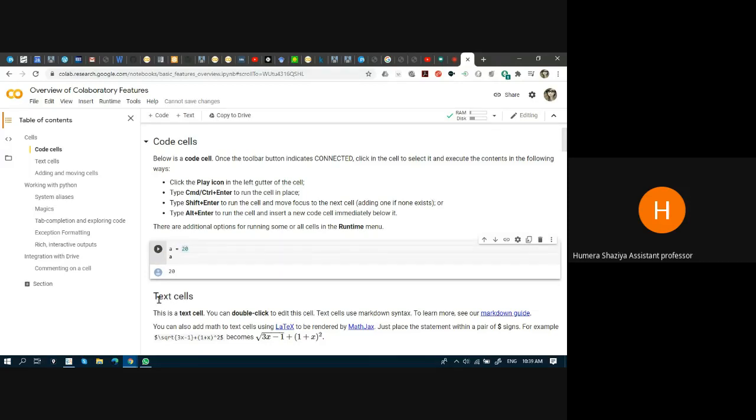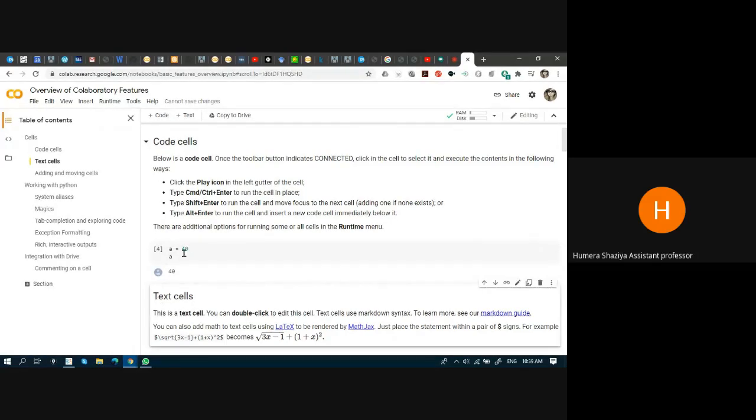I have pressed this play icon two times. For the third time, I am using Control Enter. Look at this. The cell executed in place. And next I am doing Shift Enter. Look at here, the cell executed and the focus switched to the next cell.